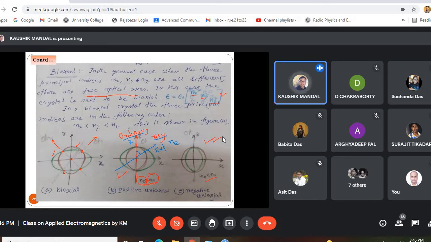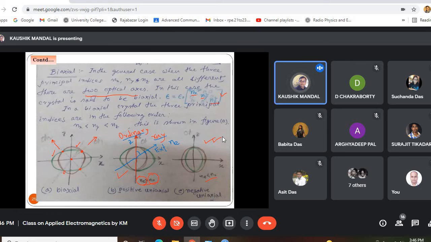If you have any doubt regarding this classification of crystals, you can ask me. If you have no doubt, then I am moving to the next part, that is the double diffraction phenomena.